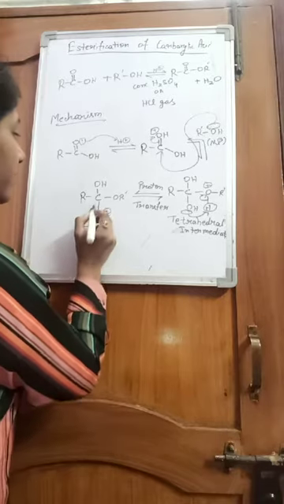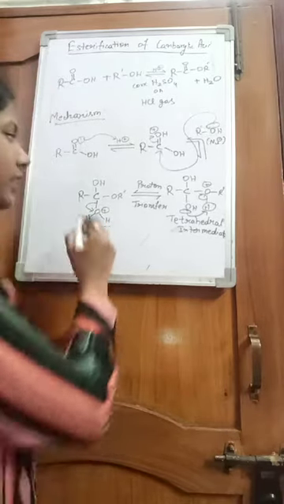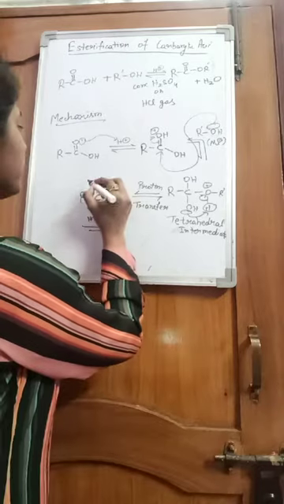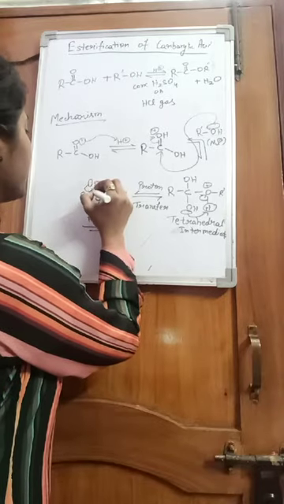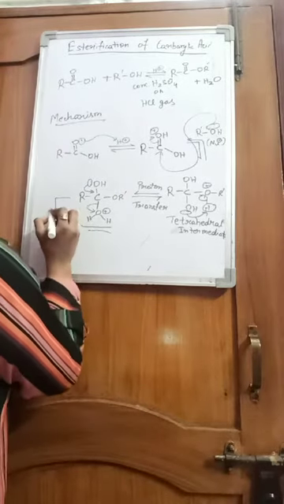Since it leaves, when this OH2 is going to leave, a plus charge is going to be generated on this carbon. So what will happen? This oxygen gives its lone pair to this carbon, and what do we get?